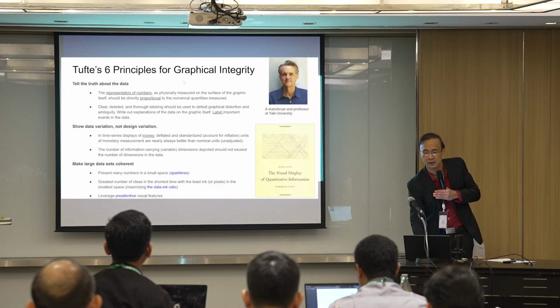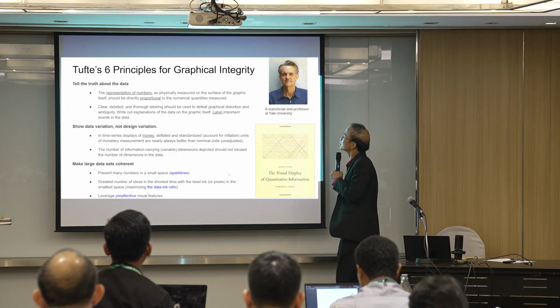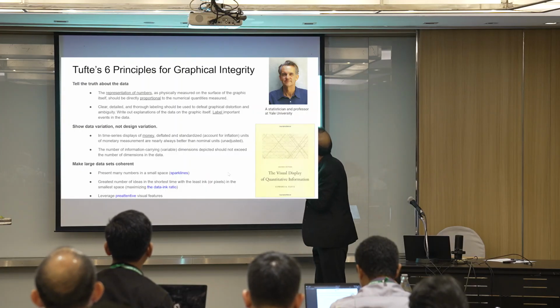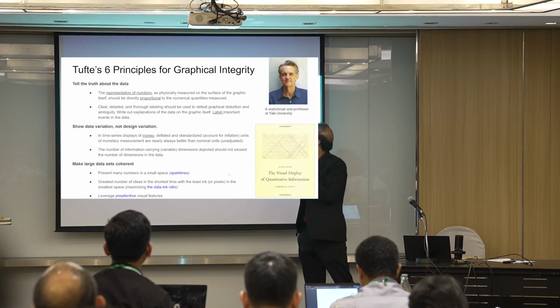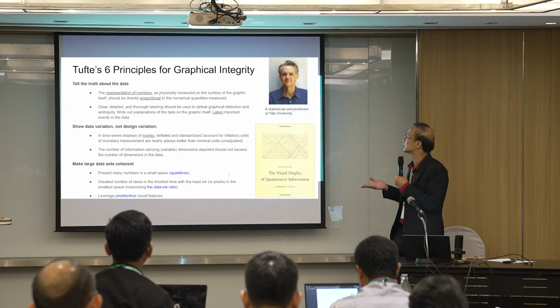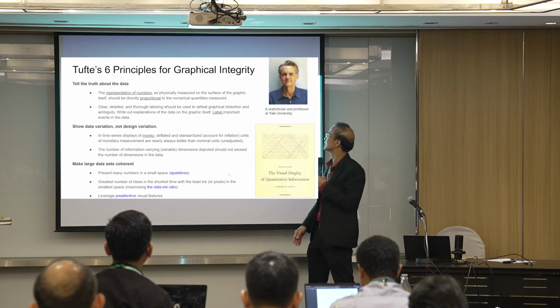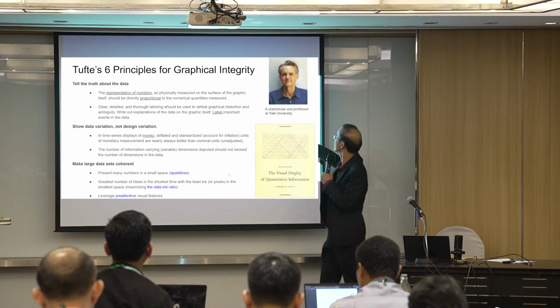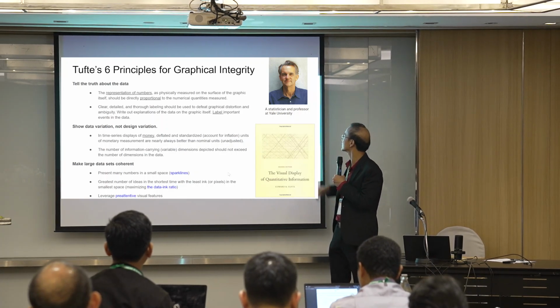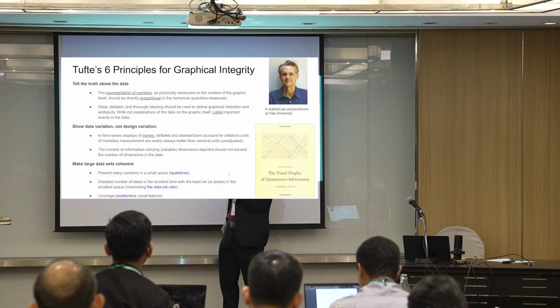Okay, and of course, if you talk about good practice to present information, there are some principles or guidelines that you can use so that the information presented is correct, right? For example, this is from a statistics professor from Yale. So these are some of the guidelines.